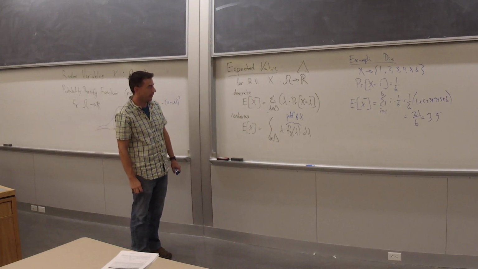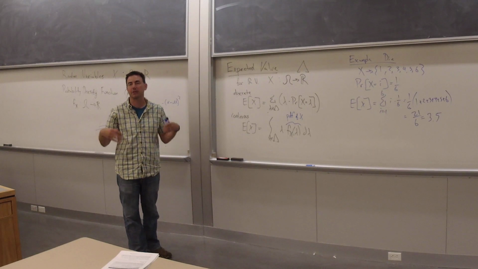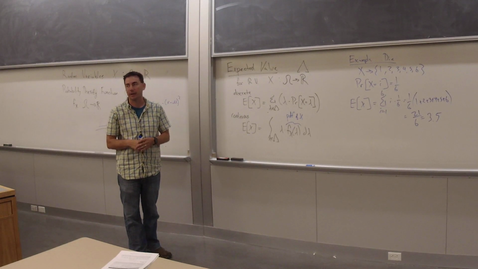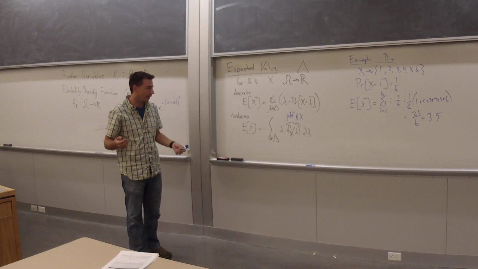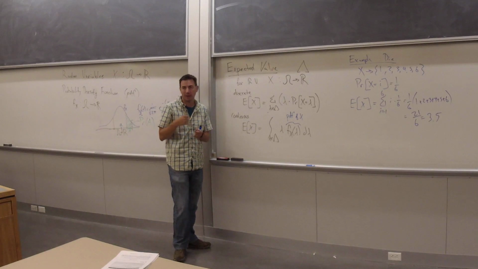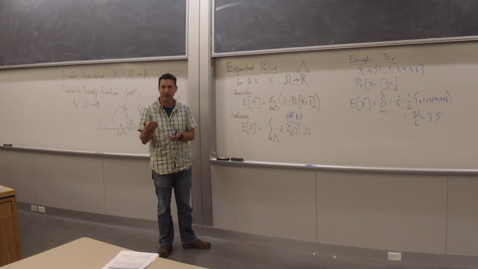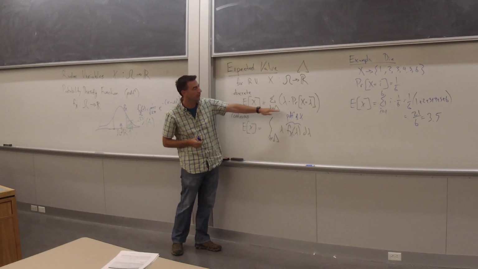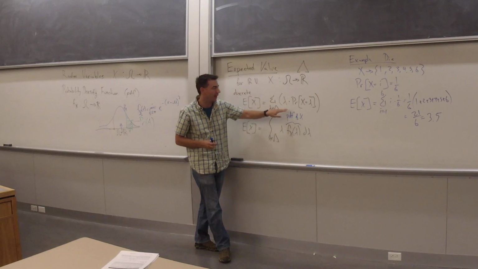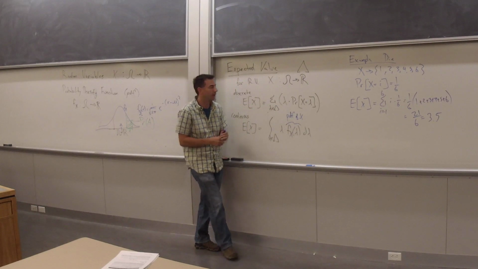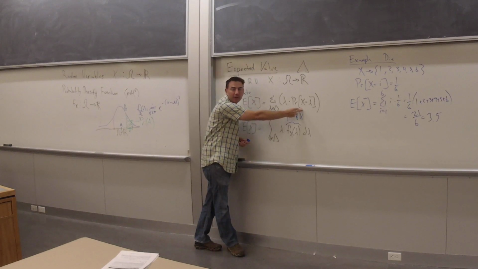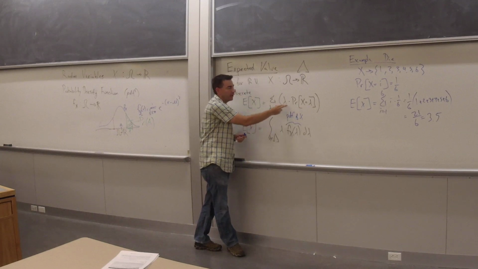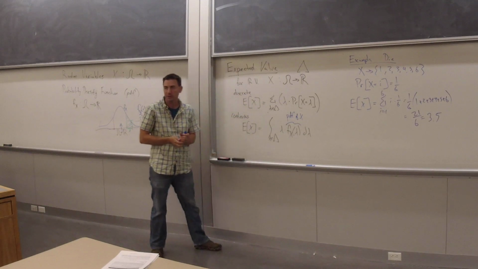So if you want to know the expected amount of rain on an average day at the airport over the year, you could take the rainfall from every day, take the probability of the day as 1 over 365, and then take this average.